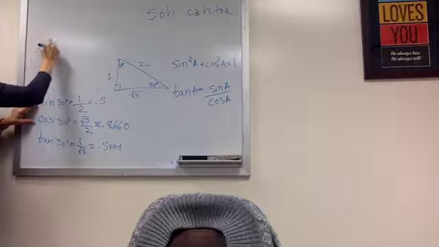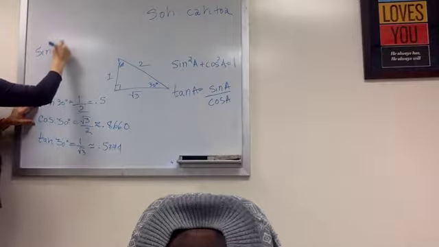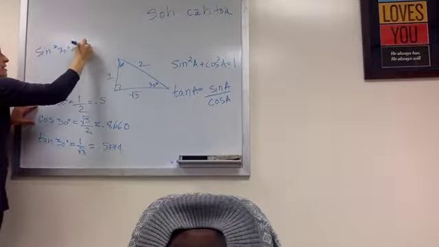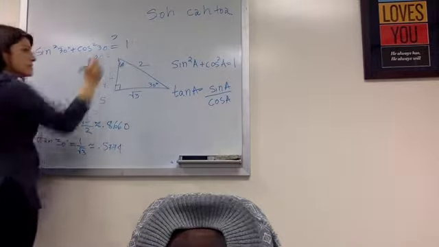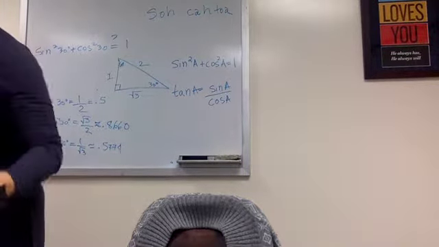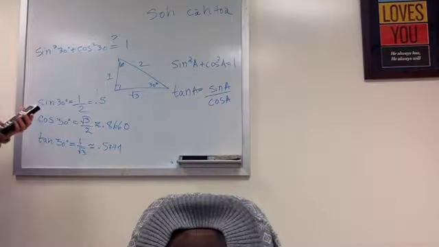Sine squared 30 degrees plus cosine squared 30 degrees. Does that equal 1? Okay, I want you to take sine 30 degrees squared and then hit plus, and then hit cosine 30 degrees.